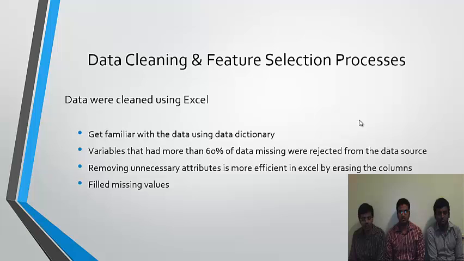For the remaining variables, some had a few records missing, less than 60%, and we filled them with appropriate data. For all this process we used Excel. At the end of the day, we came up with 34 variables to do our analysis.